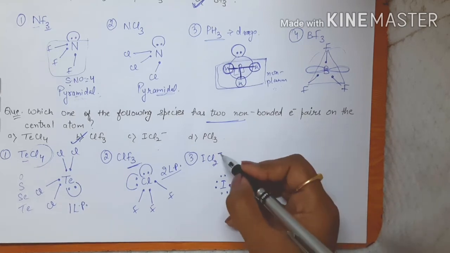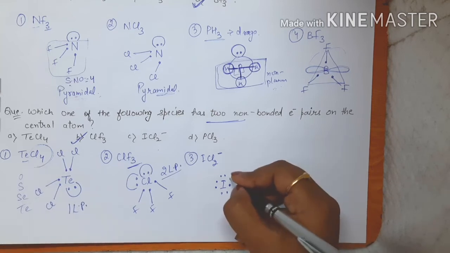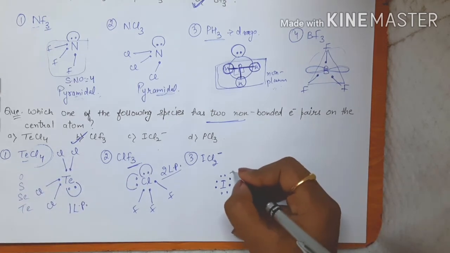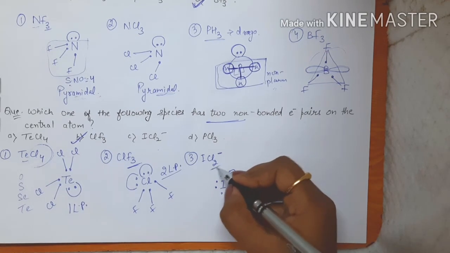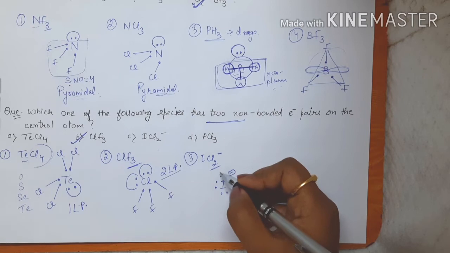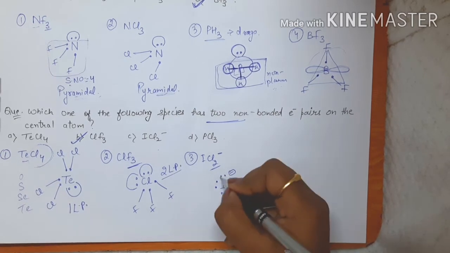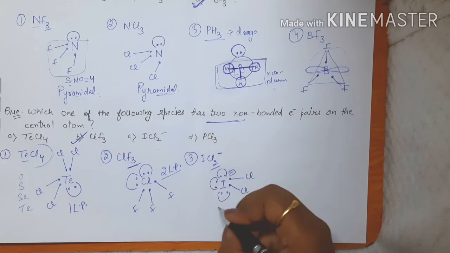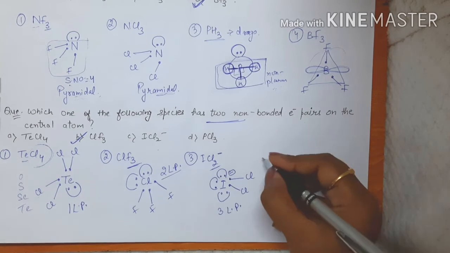Now if we consider this charge on this central atom, then we have to introduce it like this, 1 electron along with the negative charge. Now 2 chlorines are attached, and chlorine is univalent, so it will be attached like this. So this molecule will be having 3 lone pairs. This is not the answer.